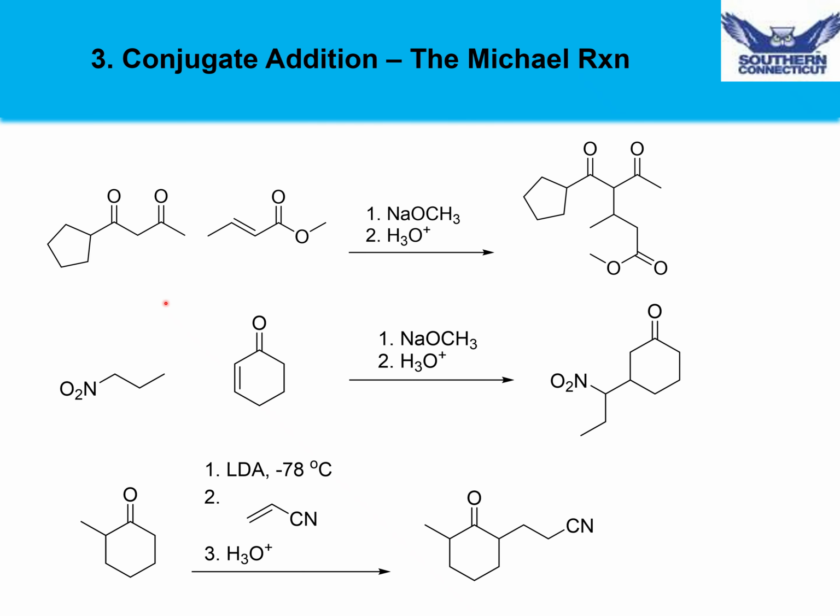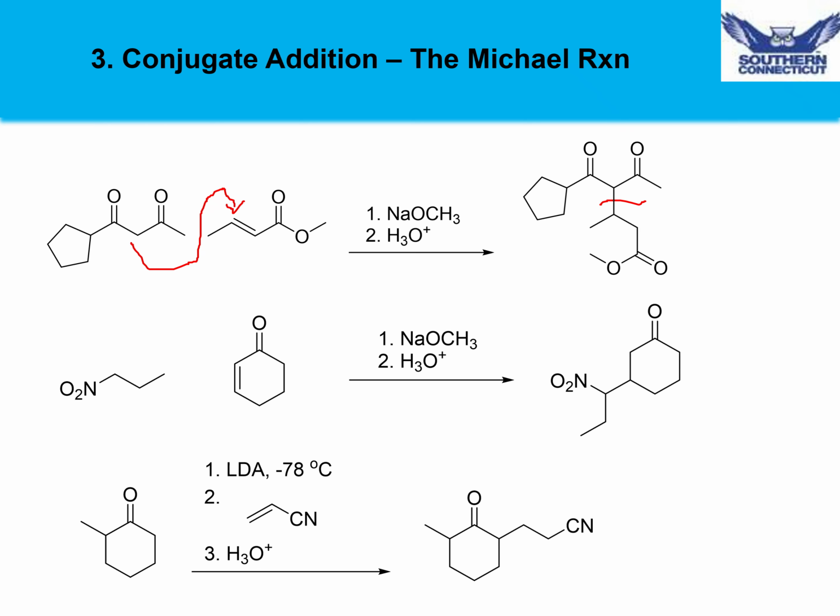Let's go over a few examples of Michael reactions. So the first one on this slide involves a 1,3-diketone. We're going to react that with base to form an enolate at this carbon. And then that carbon, once it is an enolate, will attack the beta carbon of this alpha beta unsaturated ester. And so we will end up making this bond here.